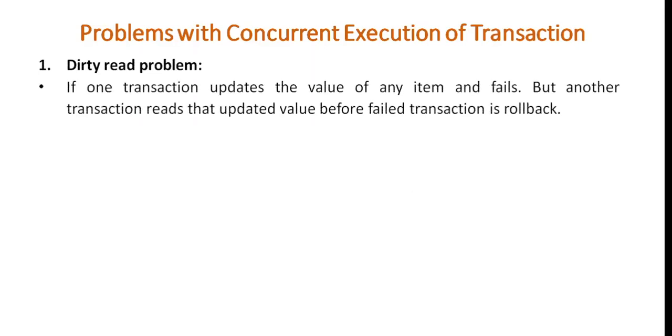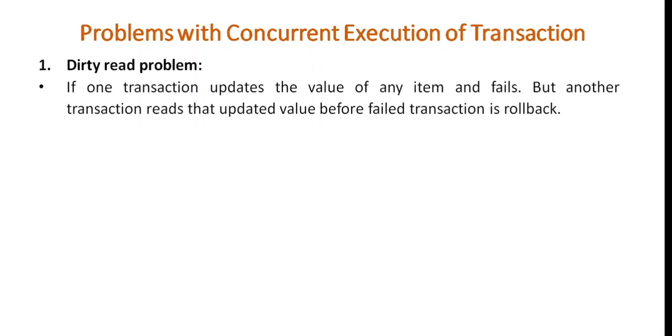In the dirty read problem, one transaction updates the value of an item and that transaction fails, but another transaction reads that updated value before the failed transaction is rolled back. Now we know whenever any transaction fails in a system before commit, we need to roll back that transaction so that we can undo all the changes done by it.